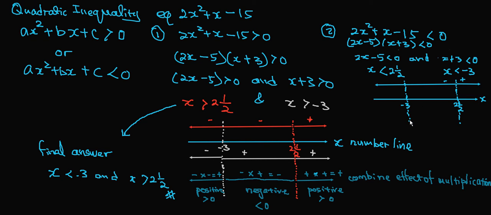That means in this direction, x has to be less than -3 for it to become less than 0, and this one is negative. This one all the way here is negative. If x is more than -3, then this factor will be more than 0, so this becomes positive.